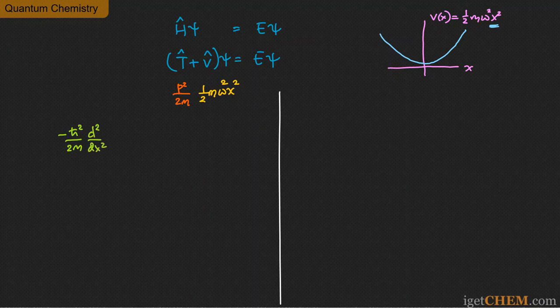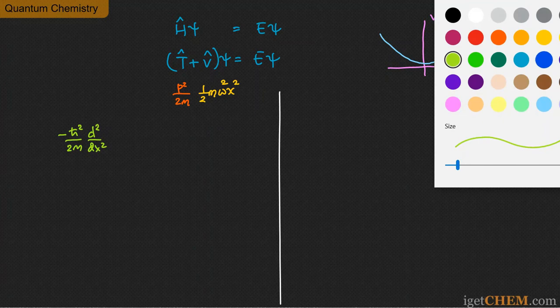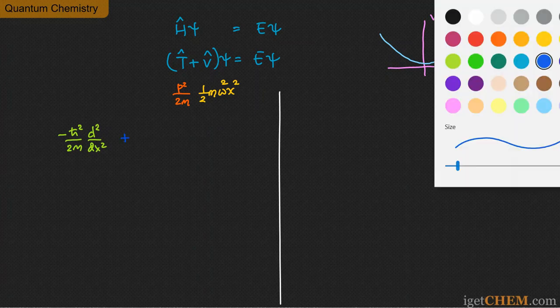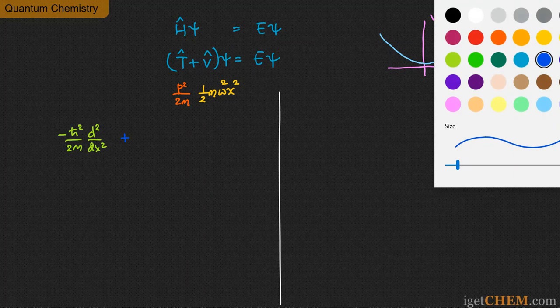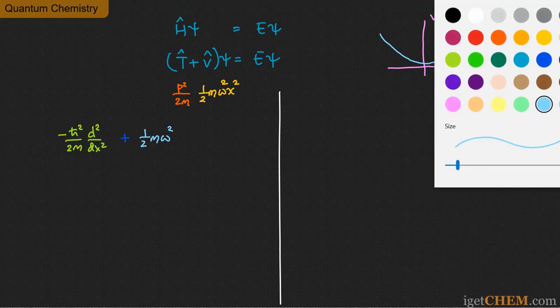So that is essentially the translational energy operator. And then the second term, so there's a plus right there, and then the second term is this other term right there, 1/2 m omega squared x squared.